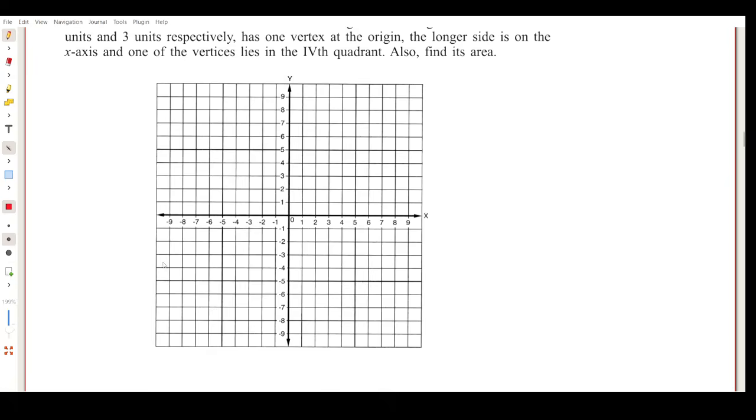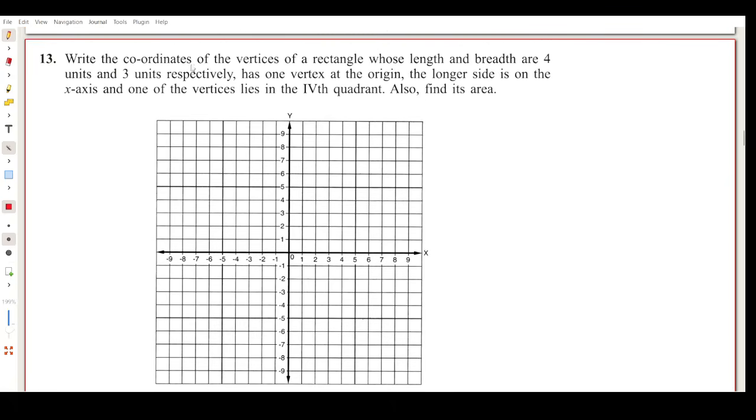Question number 13. Write the coordinates of the vertices of the rectangle whose length is 4 and breadth is 3 units respectively, has one vertex at the origin.